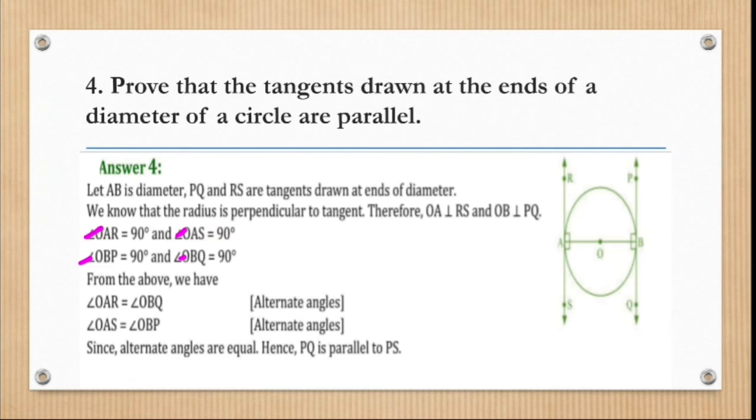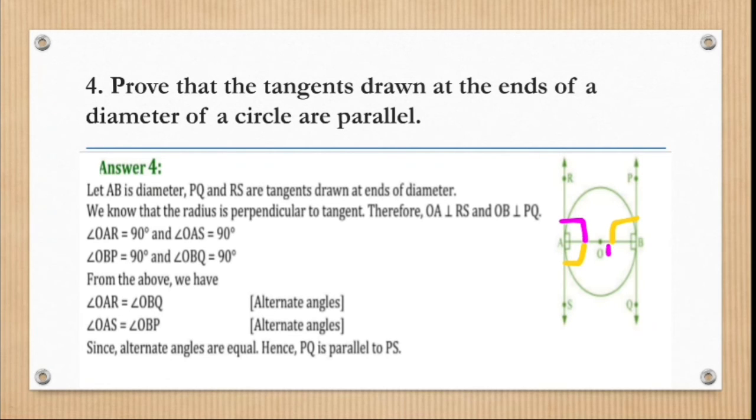Now from these four measurements, you can say that angle OAR, this angle, is equal to angle OBQ, this angle, because both are 90 degree. Similarly, you can say that this angle is equal to this angle because they are also 90 degree. You can say that they are alternate angles.